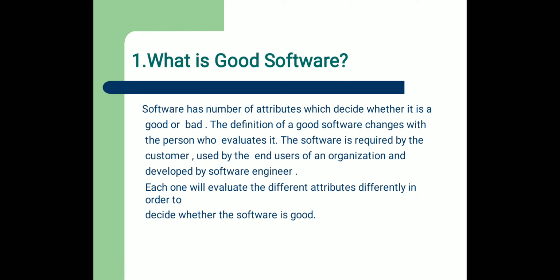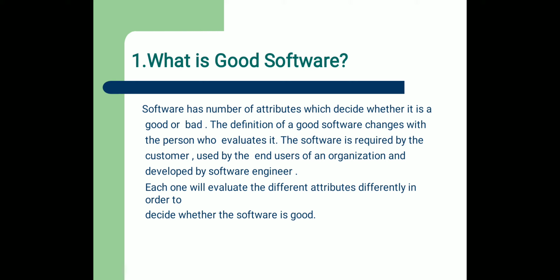Of an organization: suppose you are using Google Pay, it is developed by someone else and the organization is different. We are part of the users, that is what we call end users. When the users are using it, automatically we can tell whether Google Pay is okay or PhonePe is okay, or sometimes it shows errors.